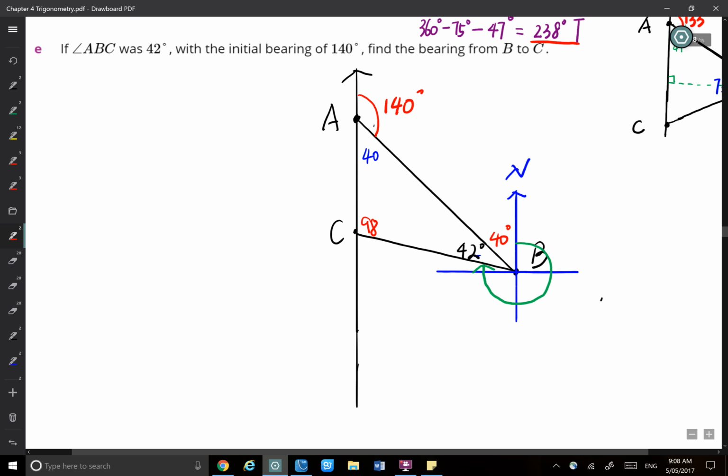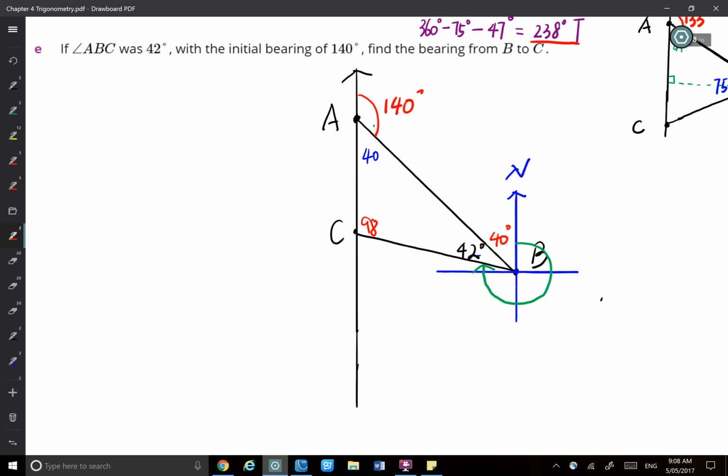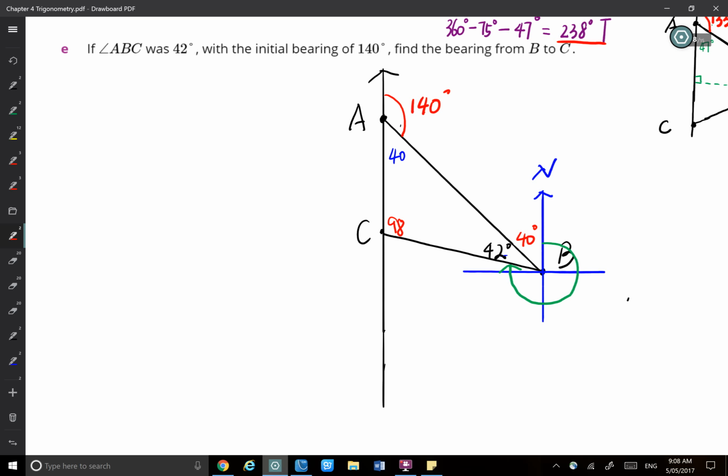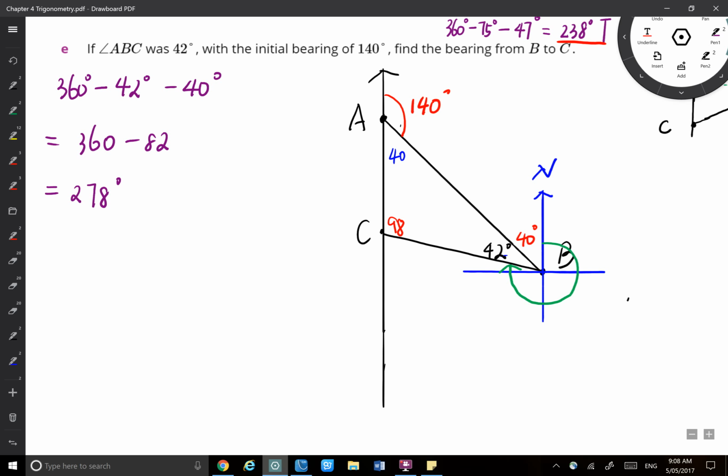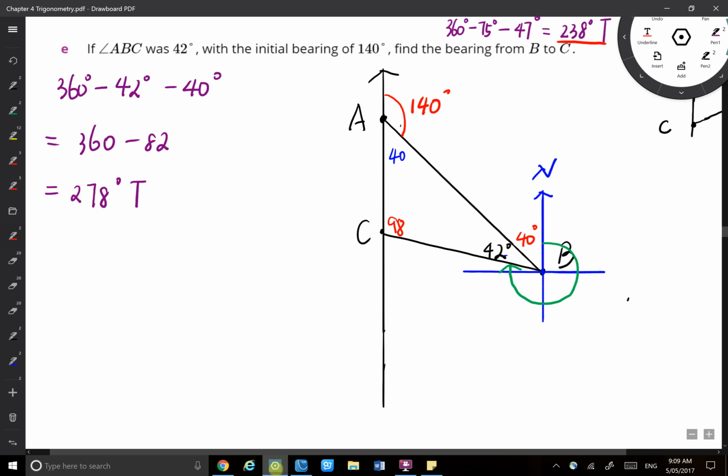Because alternate angles with parallel lines, 40 and 40. Therefore, the green angle will have a bearing of 360 degrees minus 42 degrees minus 40 degrees. That is 360 minus 82, 278 degrees true. Don't forget the T, which is true.